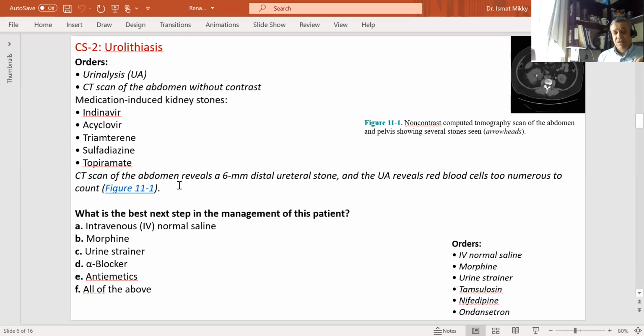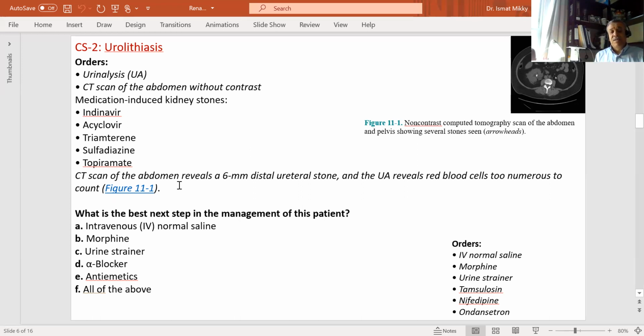Distal dilatation of the urethra can be accomplished from tamsulosin, which is an alpha blocker, and the calcium channel blocker, like nifedipine. So these are the strategies or management steps.